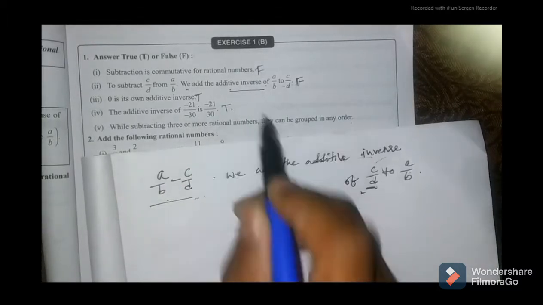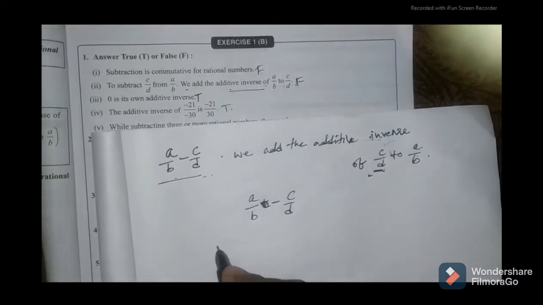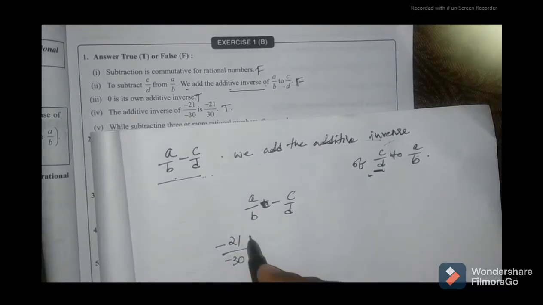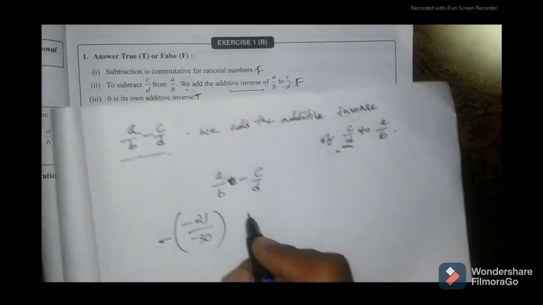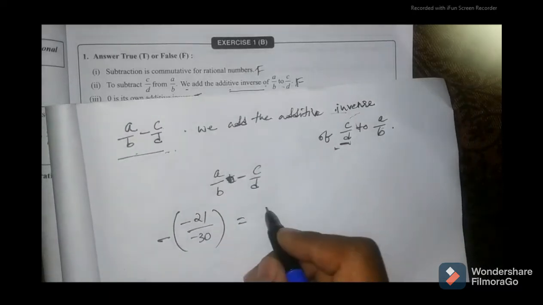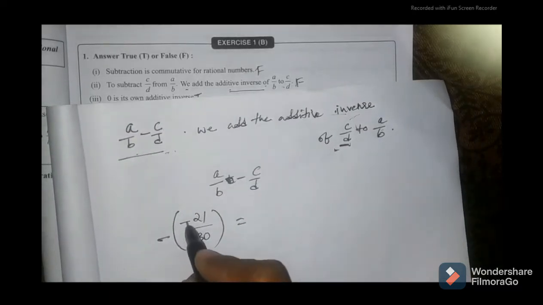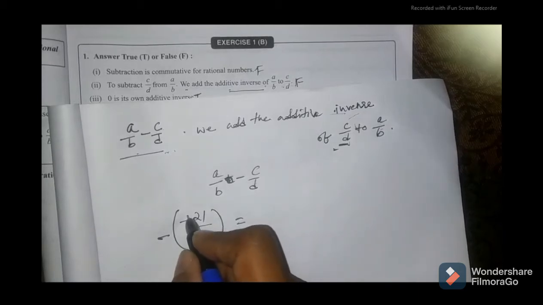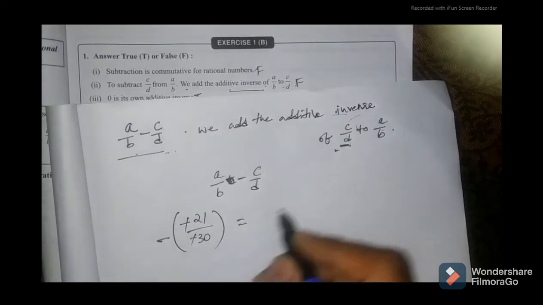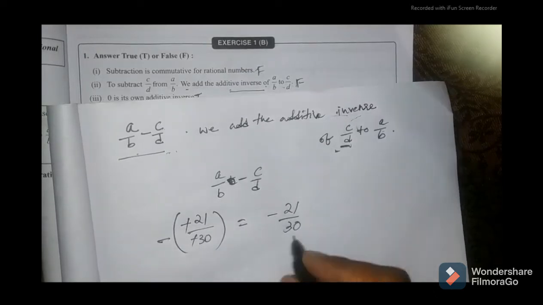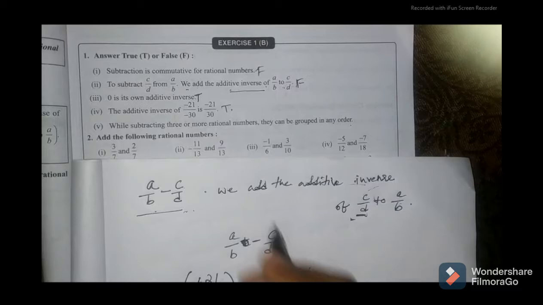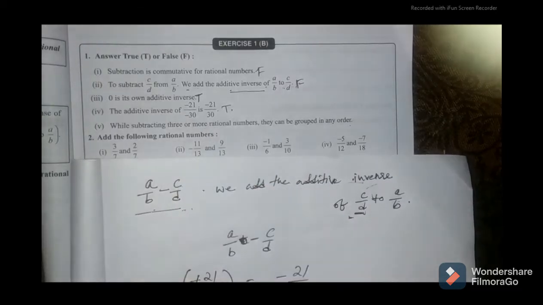This is true, because the additive inverse of minus 21 by minus 30 is minus of minus 21 by minus 30. The minus signs cancel, and it remains minus 21 by 30. So minus 21 by 30 is the additive inverse.